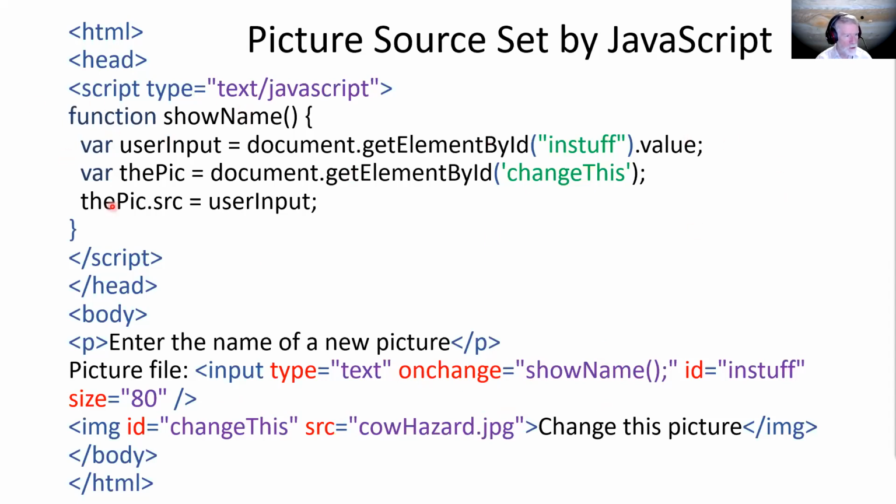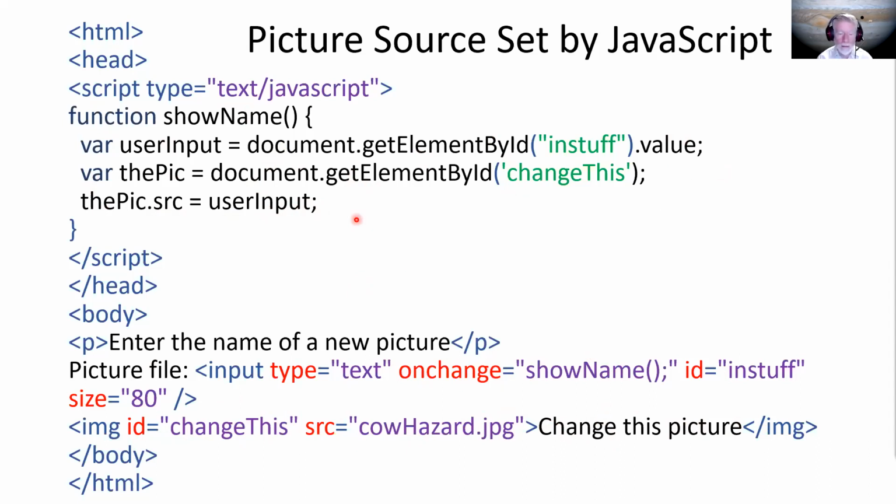In the exam, you're supposed to write this, and here is the solution. We just get the text that was entered. We get the element that down here we're supposed to change. It says change this picture. Hey, we had the cow hazard. And then change that and just put the user input. So we're assuming the user input is the URL to a picture.